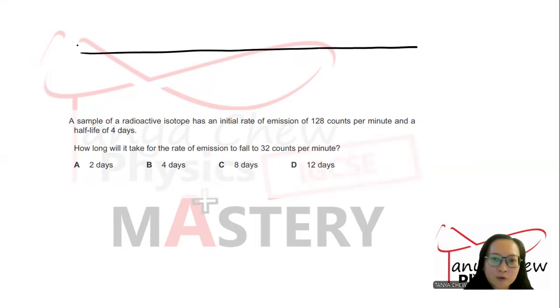So I jot down initial count rate, which is 128 counts per minute. Time has to be 0. Then, at half-life, 128 would decrease to half of its original value, which is 64. This occur at 1 half-life, which is 4 days.